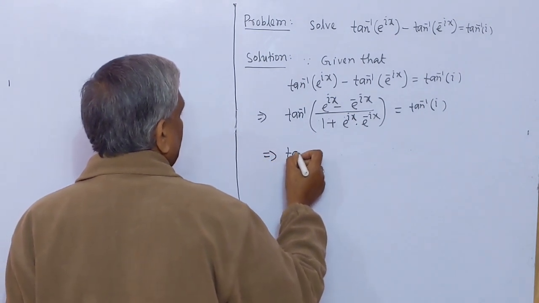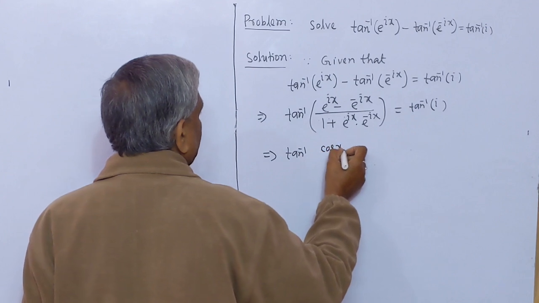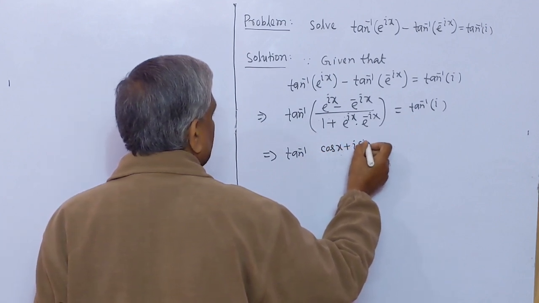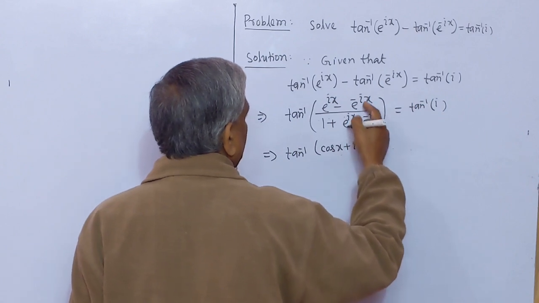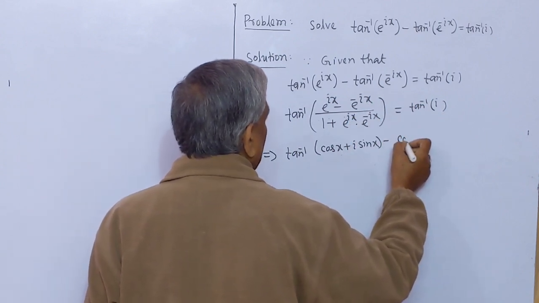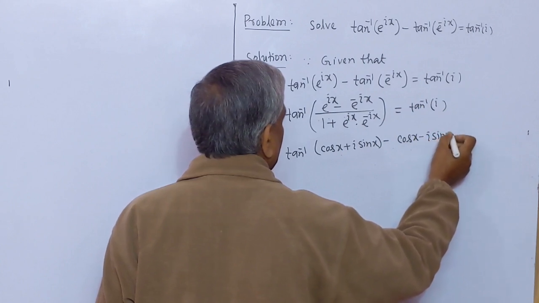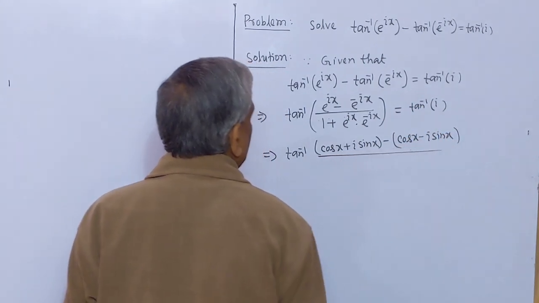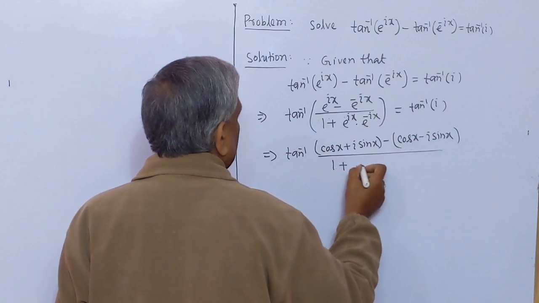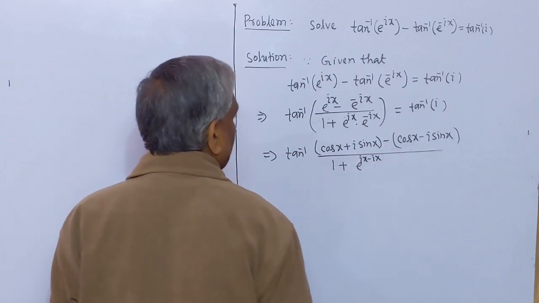implies that tan inverse, e to the power ix means cos x plus I sin x, minus e to the power minus ix means cos x minus I sin x, by 1 plus e to the power ix minus ix.